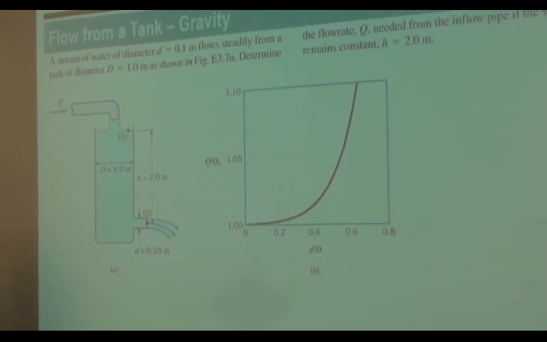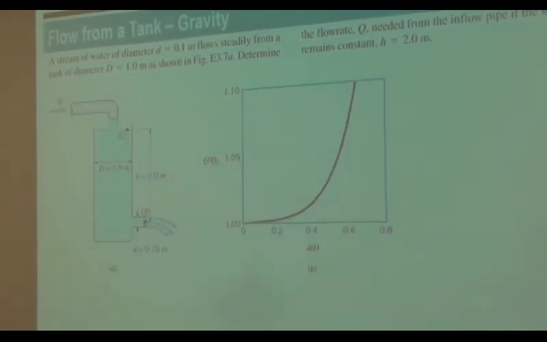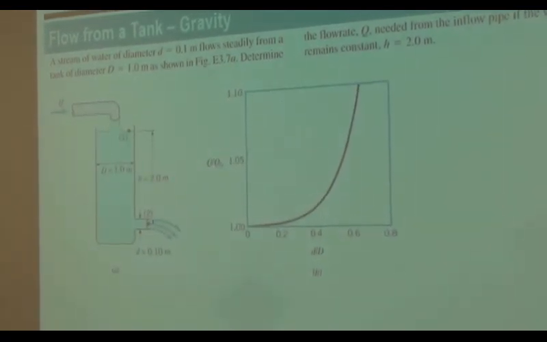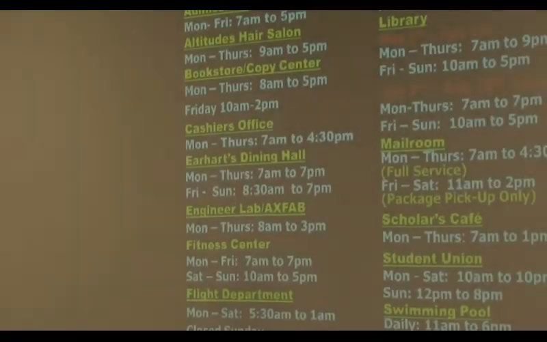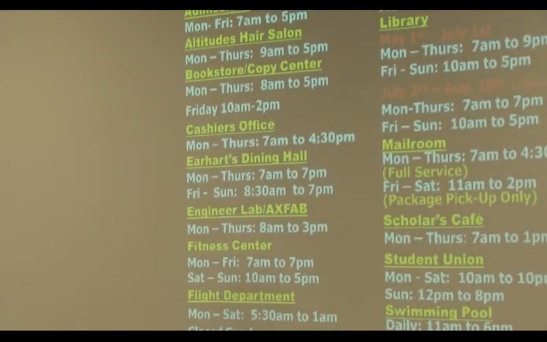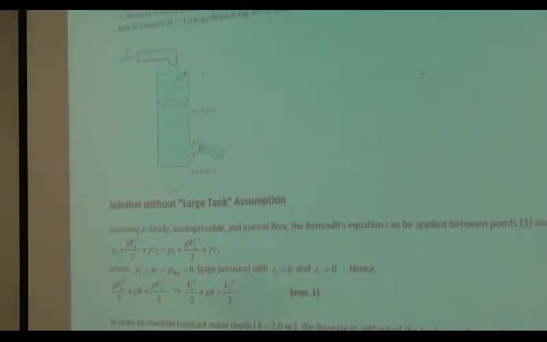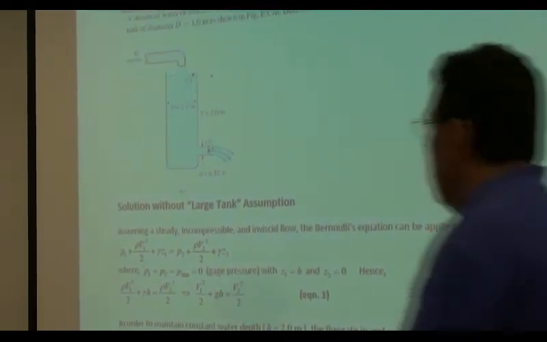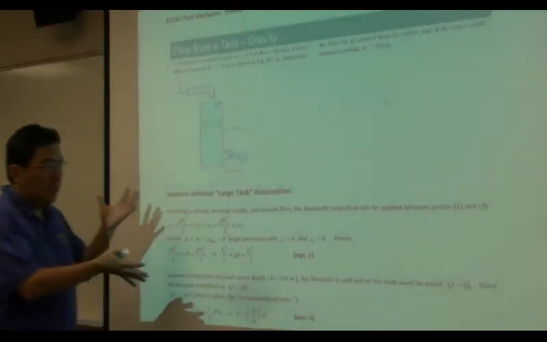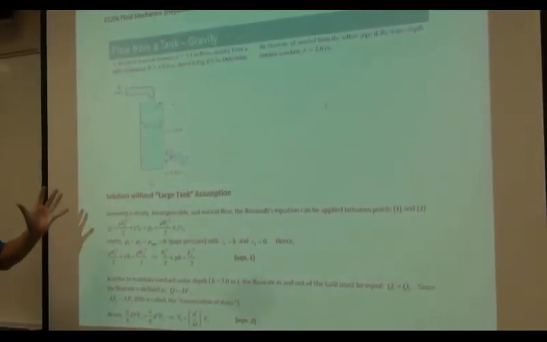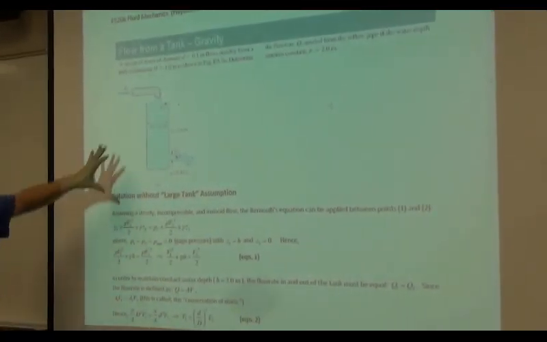By the way, this is a handout. Let me show you the handout. So this is handout 6, which is essentially the same thing I showed you as an example.